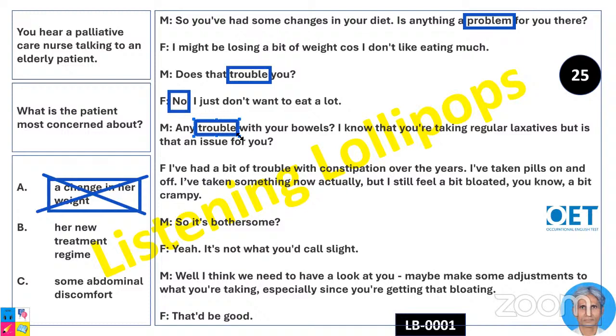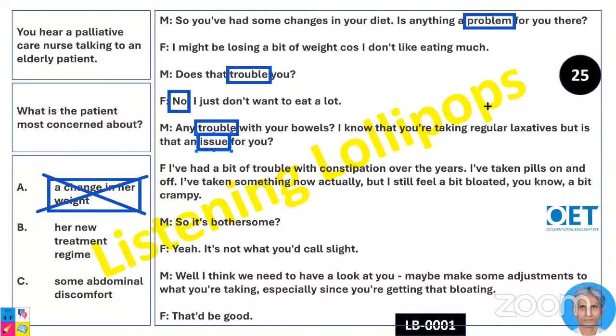Where are the bowels? So, any trouble with your bowels? I know that you are taking regular laxatives. But is that an issue for you? So the other word is issue.